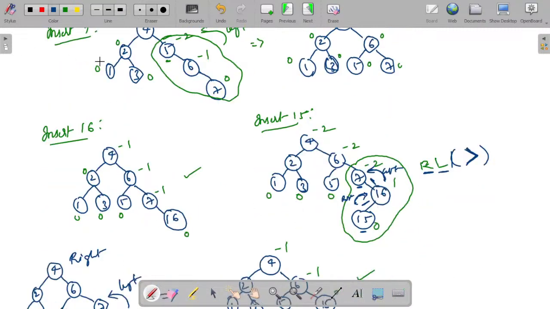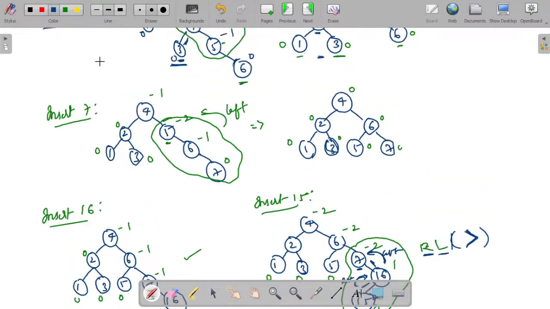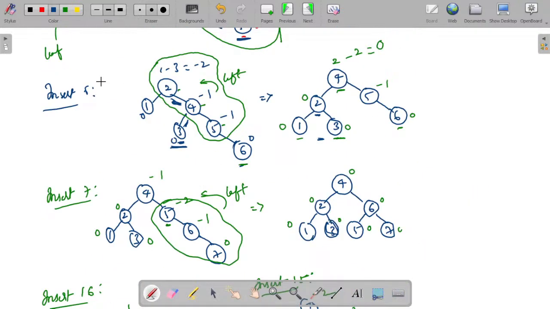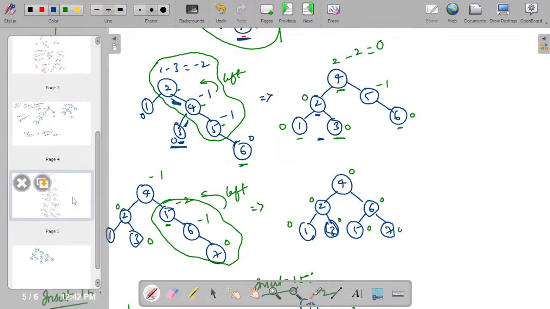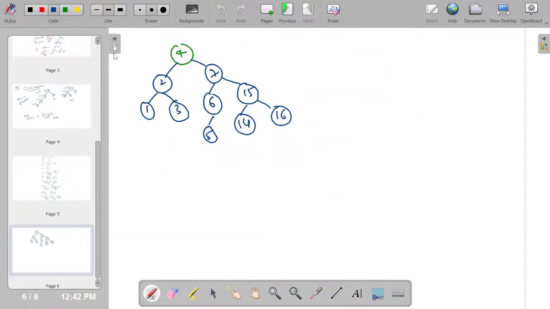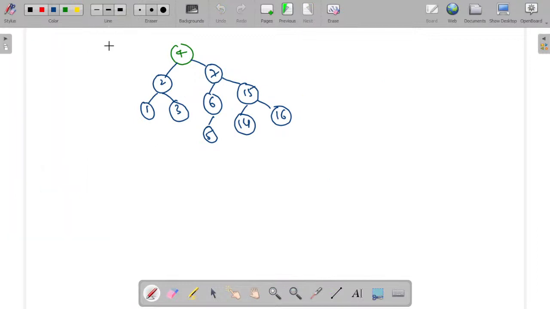Okay. Now where do you want me to insert a new value in this present tree, Tendulkar? Where do you want me to insert a new node?